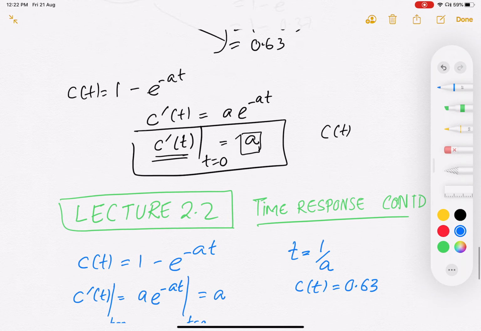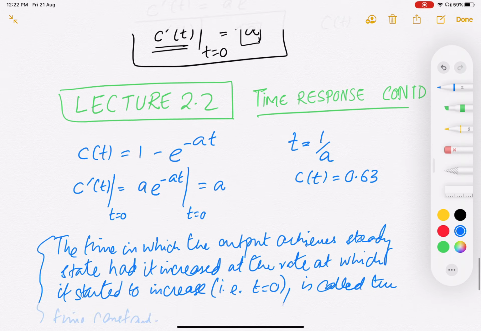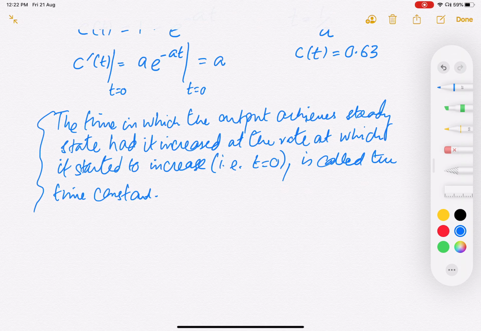So one of the parameters for representing the time domain specification of the first order response is the time constant, and we have seen three definitions of time constant, right? The other important parameter is called the rise time.